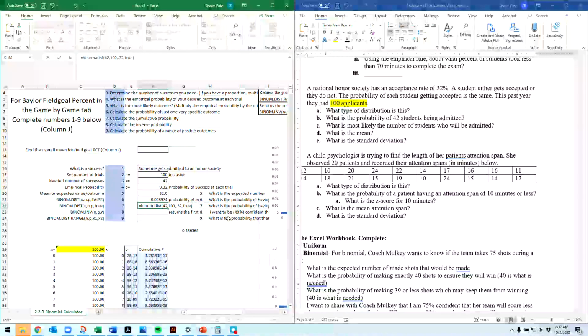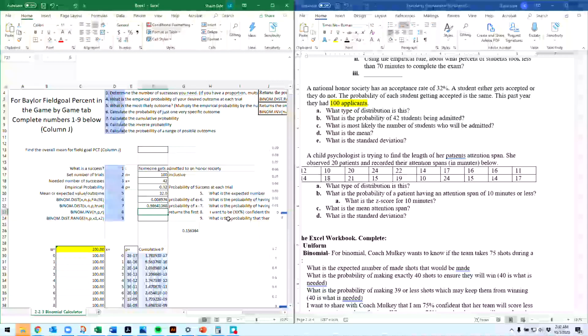So if I put false, it gives you just 42, the probability of exactly 42. If you put true, it gives you 42 or less. We're going to press enter. And so we can tell by this that 98.64% is the probability that 42 or less students will get accepted.